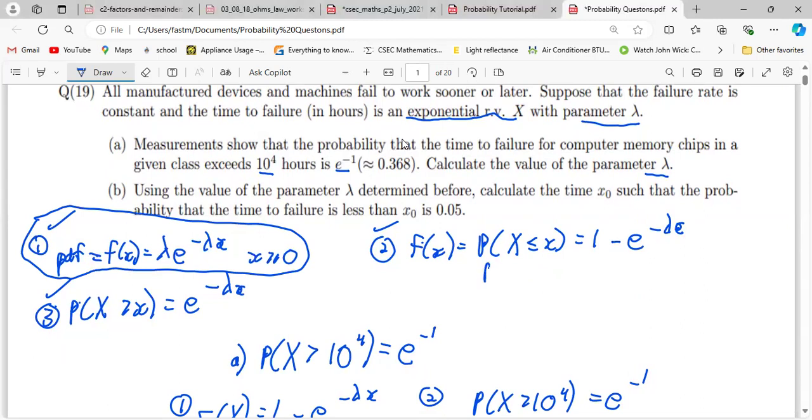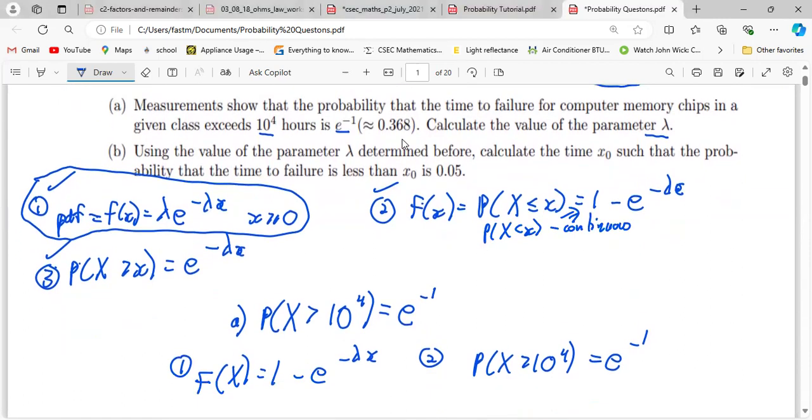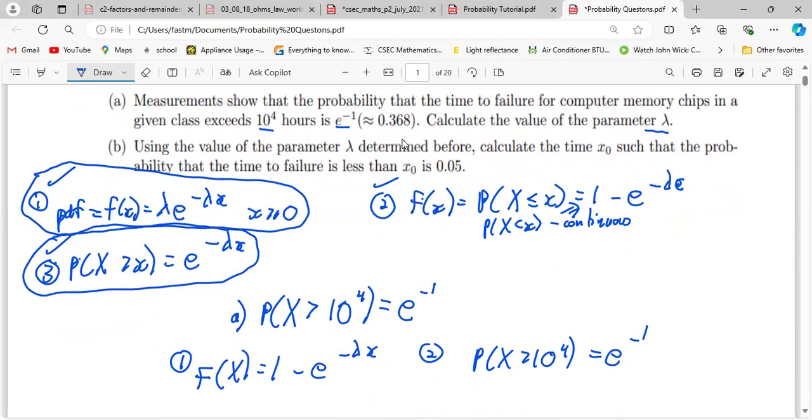This could also be x less than x because it's continuous, so both are equal. And the probability x is more than x would just be e to the minus lambda x. So these are some equations I could use in some questions.